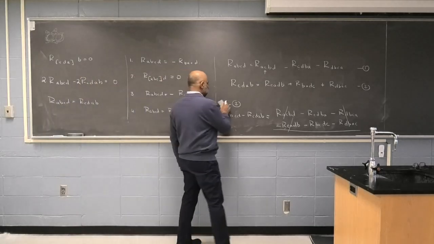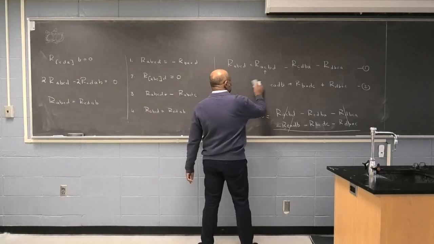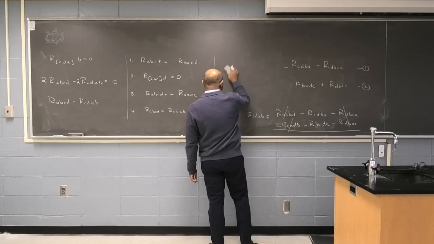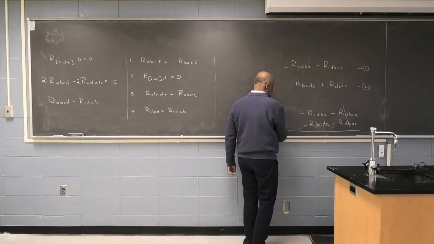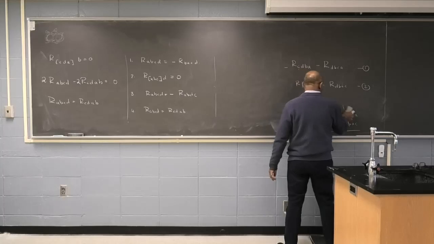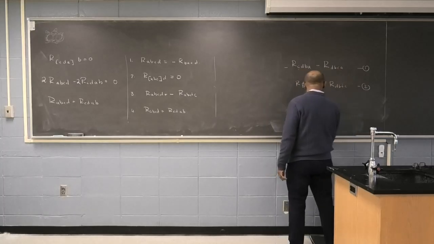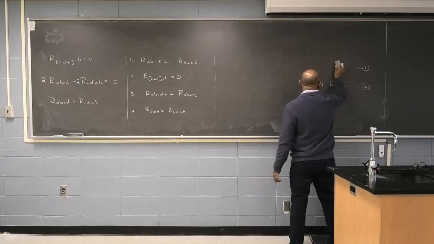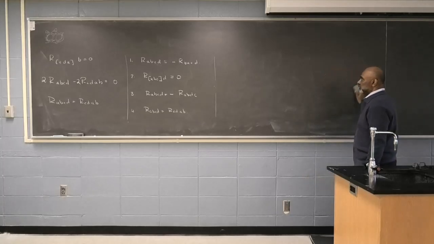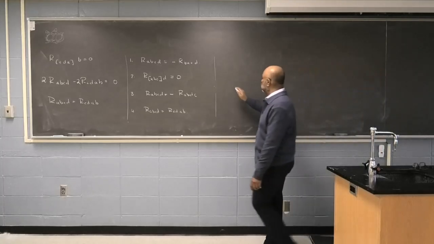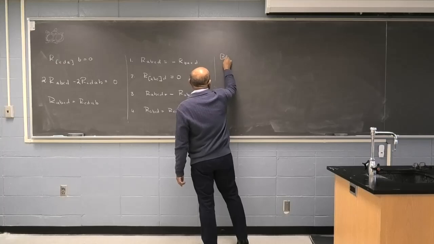Before I define the Einstein tensor, I need one more result. It has a general context, but I think I don't have enough time to prove it. This is called the Bianchi identity.